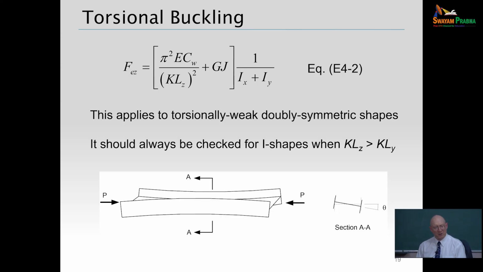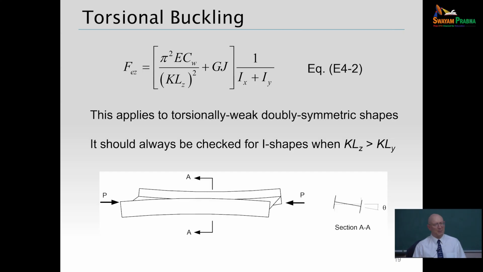Or you can say each of the flanges bends like a simply supported beam, one in one direction, the other in the other direction. In that case, the KZ that goes with this LZ would be 1, and so KLZ is basically the distance between those locations. What are those locations? Those are the points where we're preventing twist.